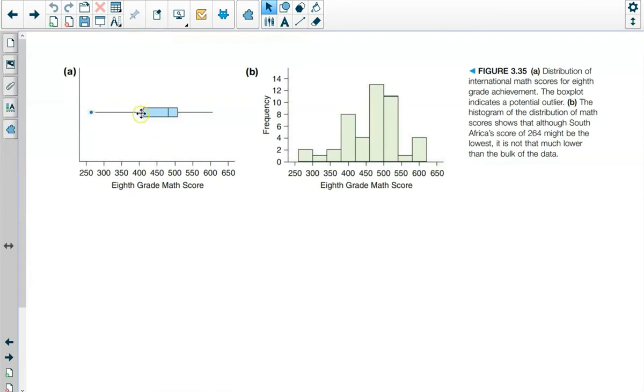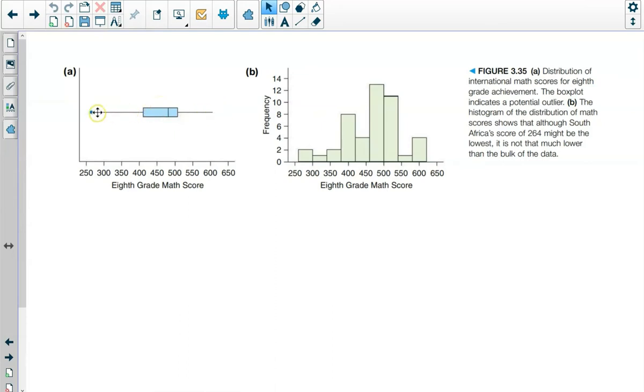I would have my bottom whisker go all the way out to that dot. But speaking of which, since this is a potential outlier that they labeled, you can see that our whisker doesn't go all the way out to it. It goes out to whatever data value entry was this one. So there was a cutoff score that they figured out, and this value was below that cutoff score, and this value right here represents the highest data value close to that cut score.